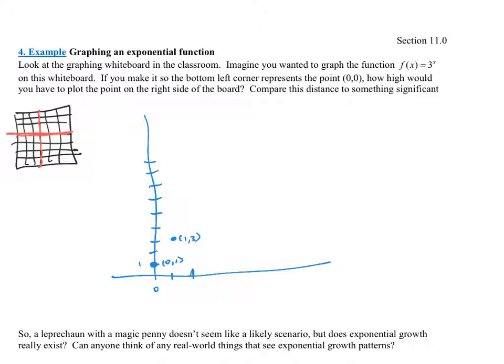So I'd be at (2, 9) if I tripled twice. Then I'd be at 3, and what would I have to go to? Well, 9 times 3 is 27. So the problem is I go so steep that I'm off the board.